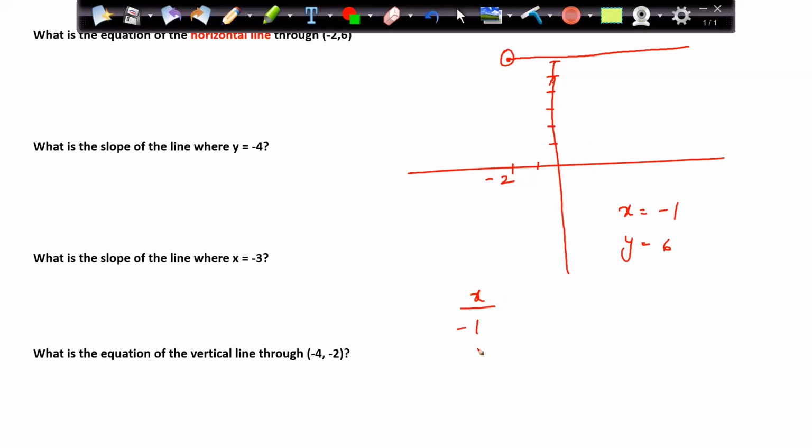When my x is equal to 0, what is y? 6. When my x is equal to 2, what is my y? 6. When my x is equal to -2, what is my y? 6. So you put any value of x, my y will be 6.